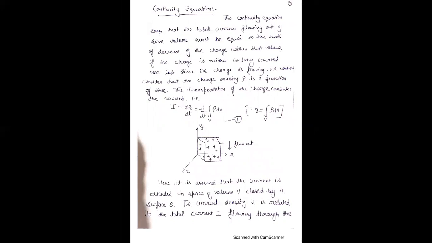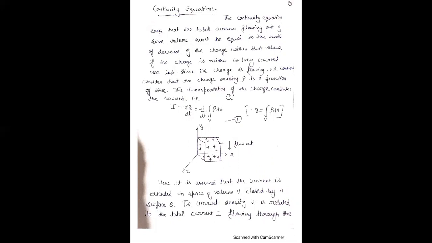According to the continuity equation, the total current flowing out of some volume must be equal to the rate of decrease of the charge within that volume, if charge is neither being created nor destroyed. It means if current is flowing out of a volume, there is a decrease of charge, because current is the rate of change of charge, dq/dt. This means conservation of charge.